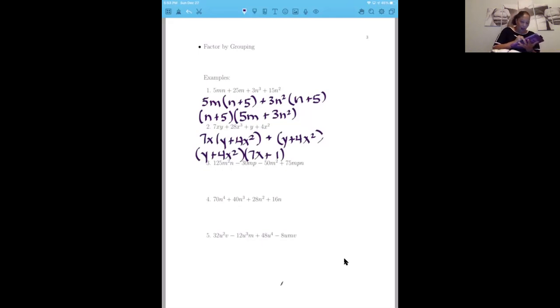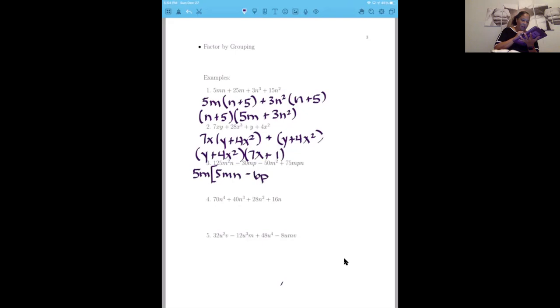So I'm looking at all of these terms, and I have a 5m in common. So the first thing I'm going to do is factor out a 5m. Factor out a 5m from 125m squared n, what I have left is a 25mn. From the next term, what I have left is a 6p.